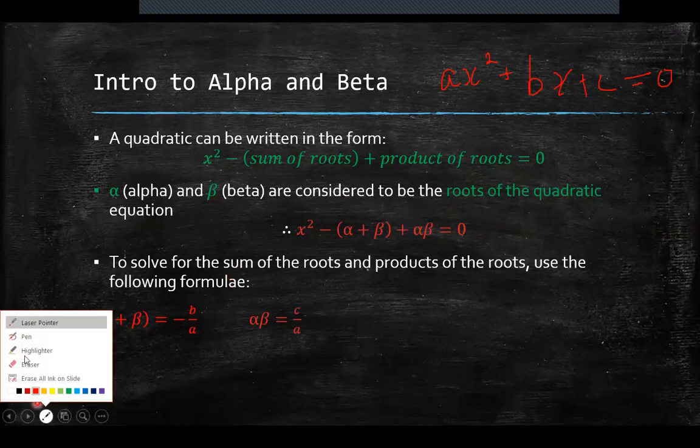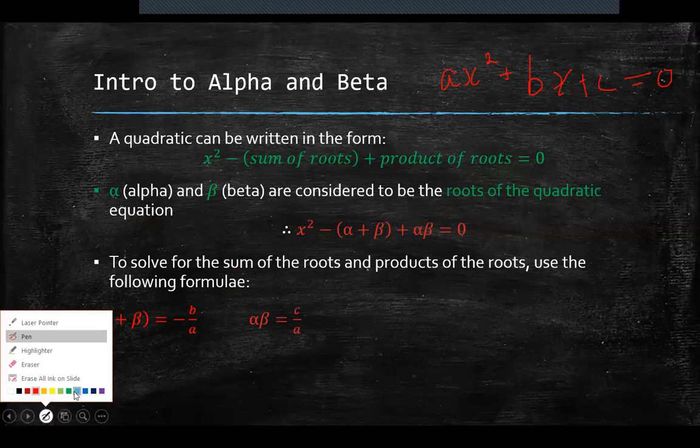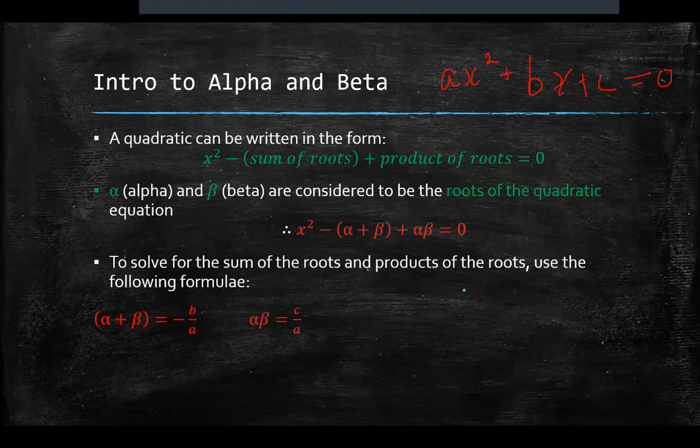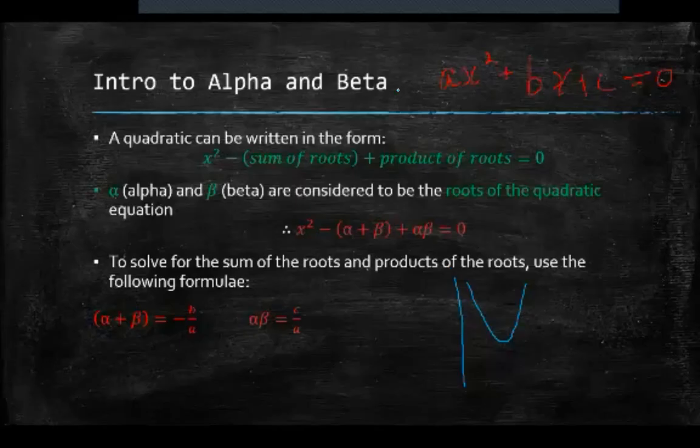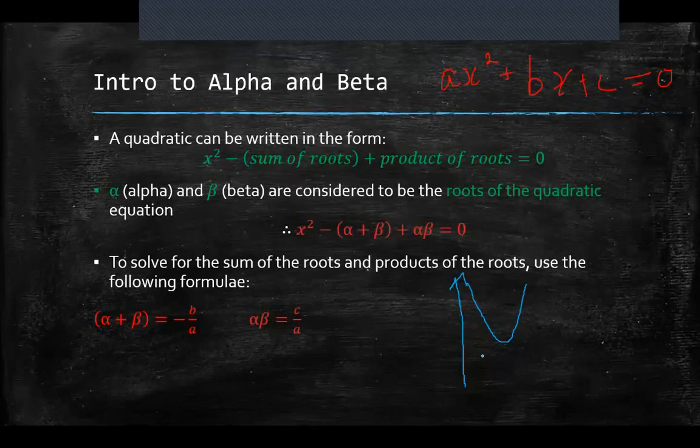We also went through what roots are in the last PowerPoint, but just a quick recap. A quadratic graph looks like this. It's a curve called a parabola.